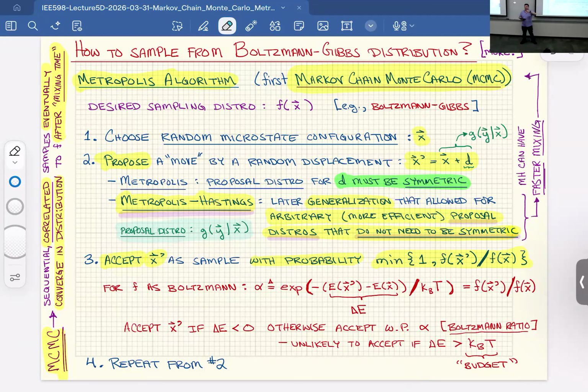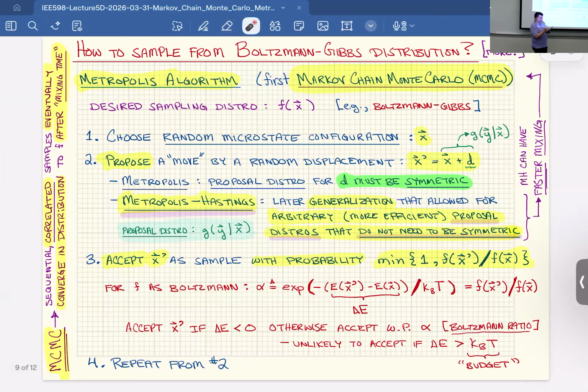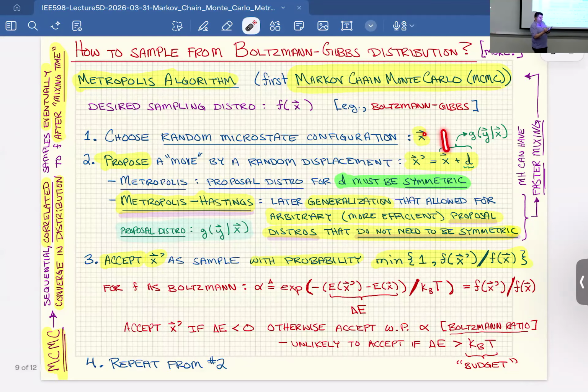For every current sample, there's a transition probability to the next sample, because everything's anchored together: you start at a certain position and you perturb off of it. So you can think of every output as a state of a Markov chain, and the next output is one of the possible accessible states from that state.